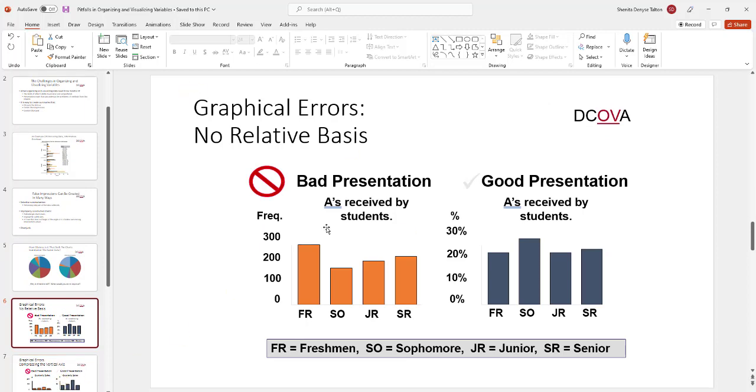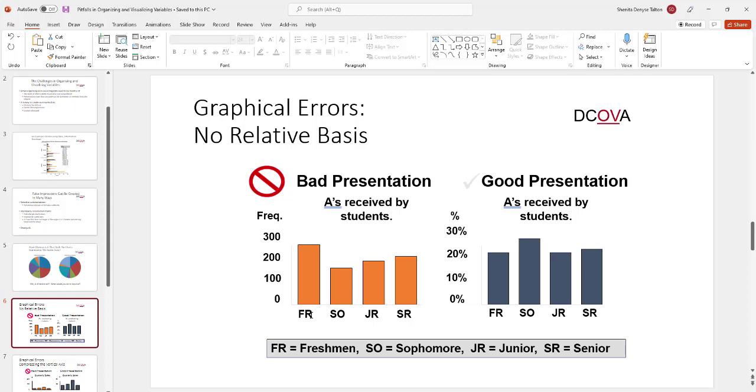This is also an example of bad presentation. For example, this tells you the frequency of the number of A's received by students in each class. This graph will be better represented with percentages. And the reason why is, if you look at the freshmen, you have 250 freshmen that received A's.